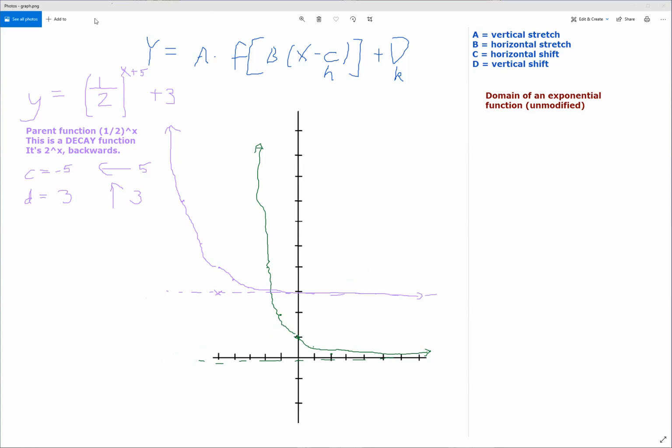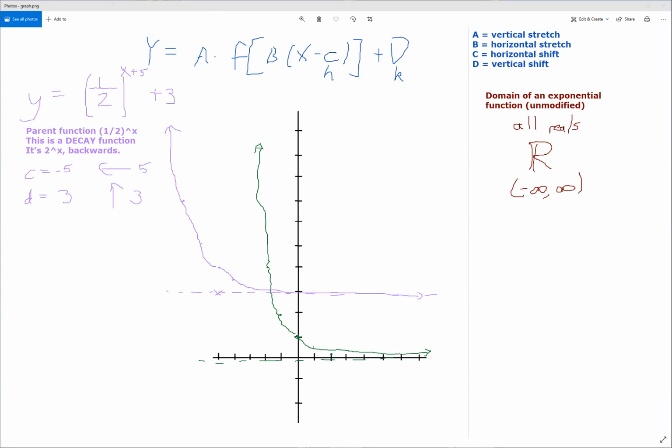So therefore, our domain is all reals, which you can write as the fancy R, or you can write it as -infinity to infinity in interval notation. Or is that set notation? I get them confused, whichever that is.